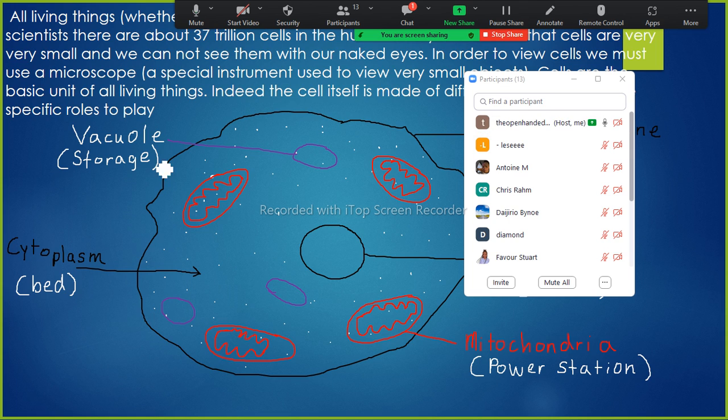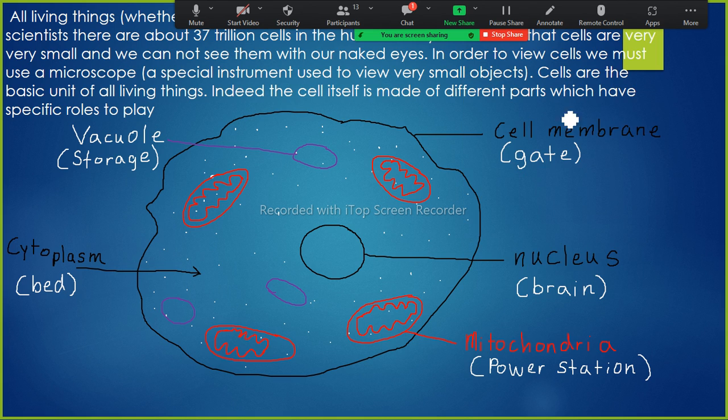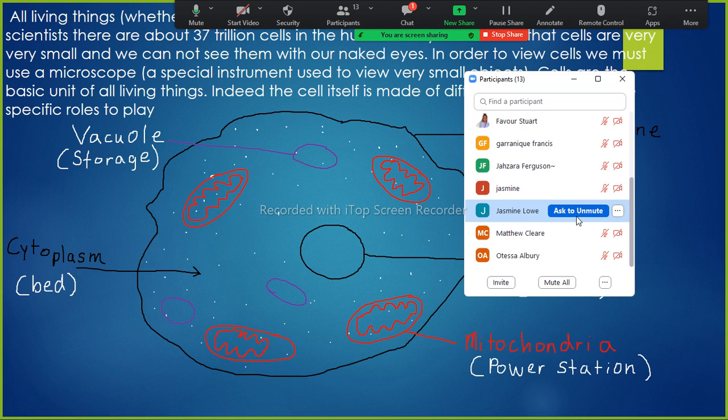Vacuole, storage place. Okay, so we have the cell membrane, which is the gate, the nucleus, which is the brain, the mitochondria, which is the power station, the cytoplasm, which is the bed. Am I missing anything? I think that's it.